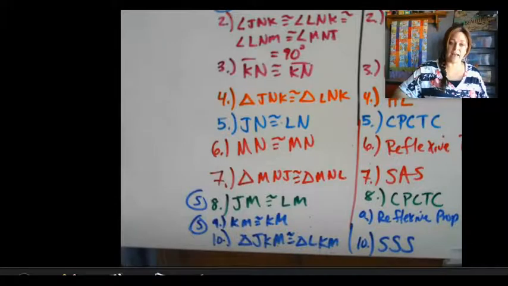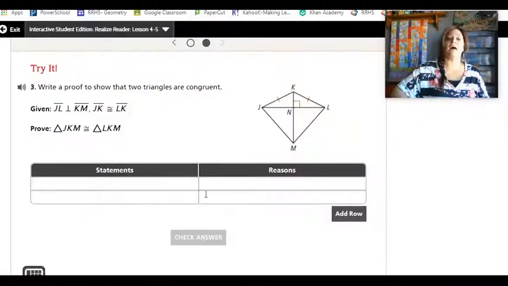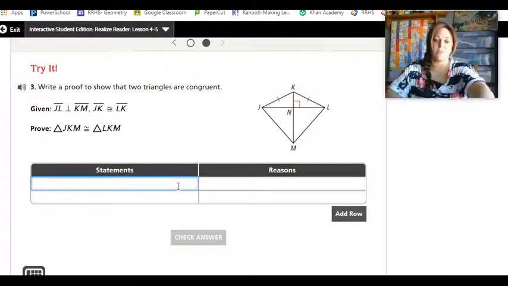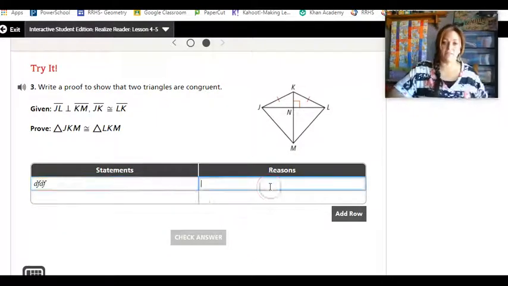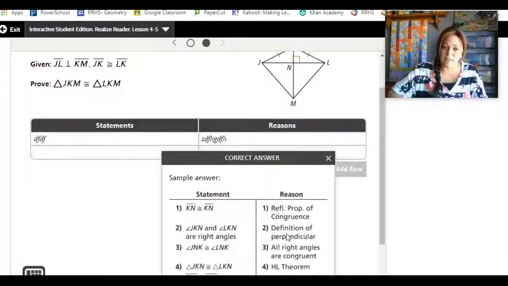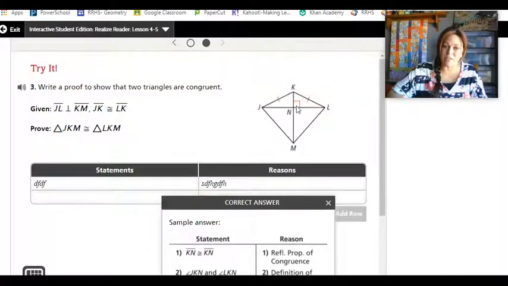Now, when I go back to this problem, I noticed when I was checking some of the answers, some of the lettering I didn't think was right. I think they mislabeled this N. I can't remember exactly, but let me just quickly type in something, and I'm going to check the answers. So this angle, definition of perpendicular, see how it says JKN? The right angle actually should be N, the middle letter in there.